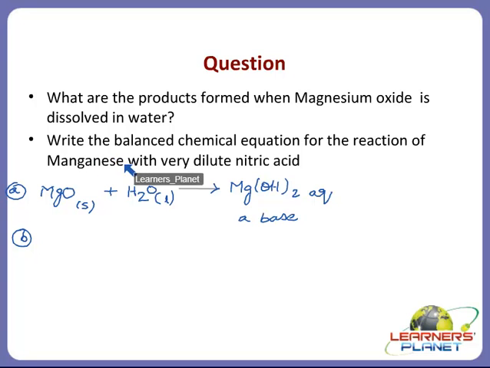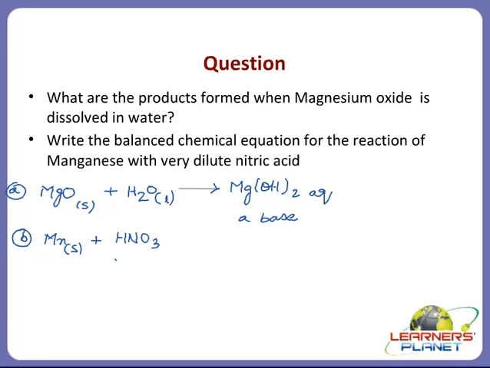Now our next question is, write a balanced chemical equation for the reaction of manganese. It is manganese with very dilute nitric acid. Now what is the formula of manganese? It is Mn, solid. Now this reacts with what?